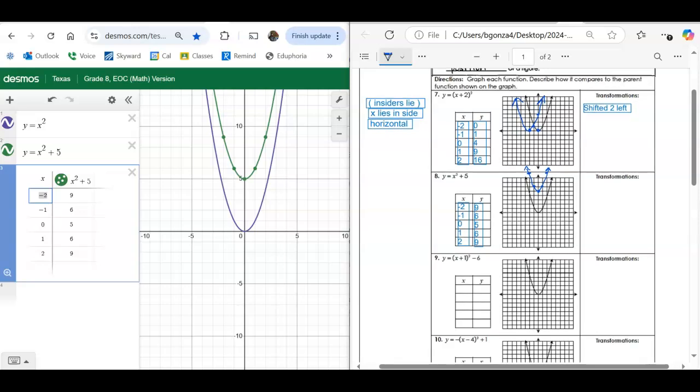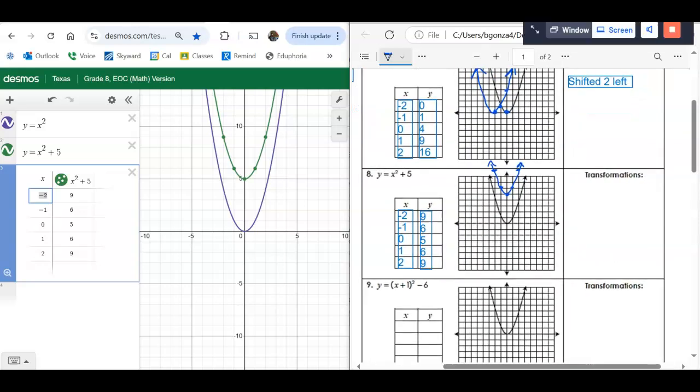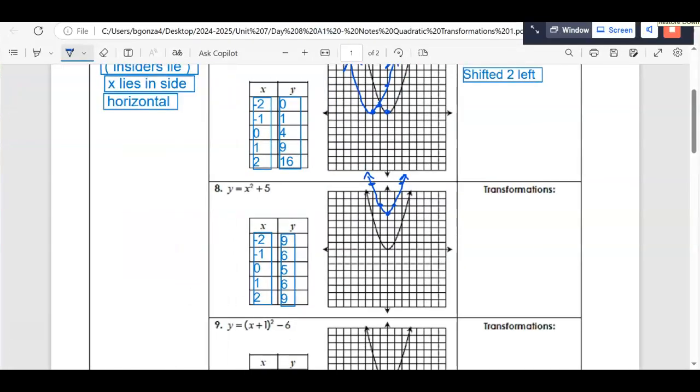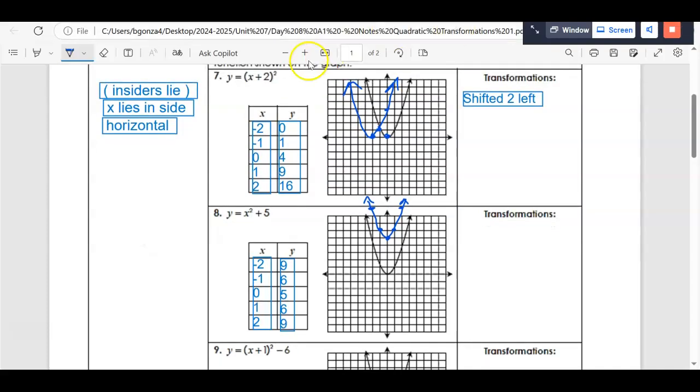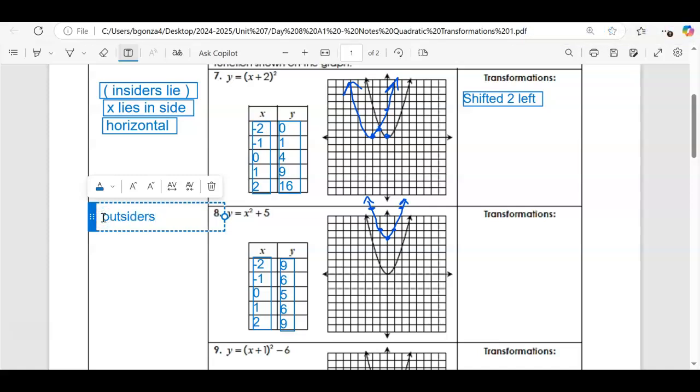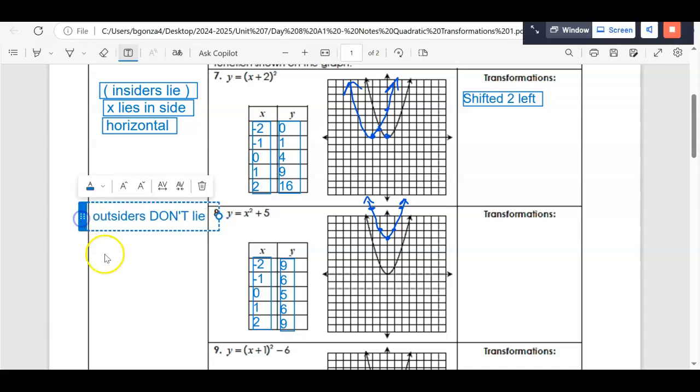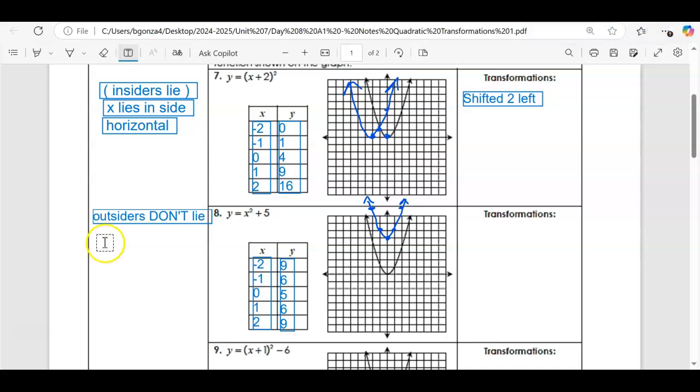So how do I verbally describe this to you? Well, instead of shifting left or right, off to the left here, we can say outsiders don't lie. When I say outsiders, I mean no parentheses, off to the right, that's no lie.